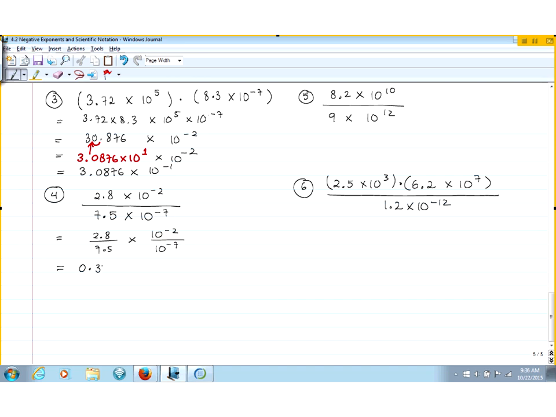So this is 0.3733, or 0.373, times, what do you do to the exponent here? Subtract. Yeah. So what is the result? So minus 2, this is subtract by negative 7. So what is negative 2 minus negative 7?